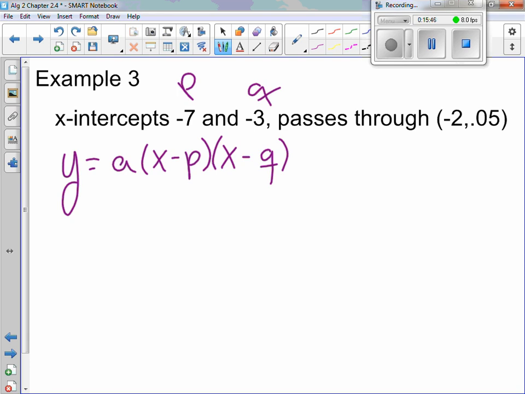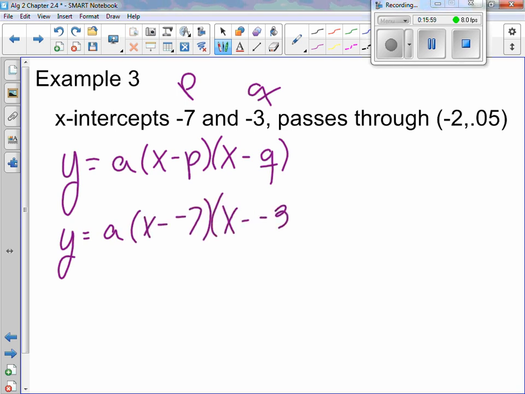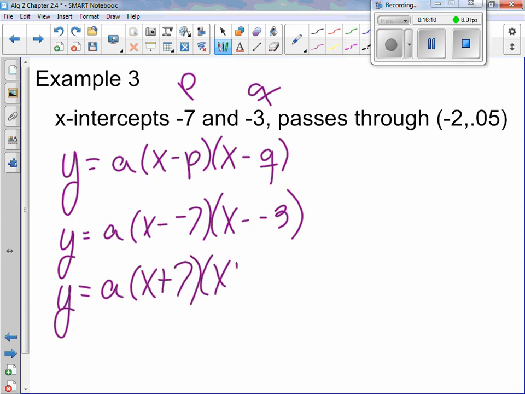So the values of p and q are -7 and -3. So we can plug those in. So we get y equals a times x minus -7 times x minus -3. So they would both be positive, yes. Yep.